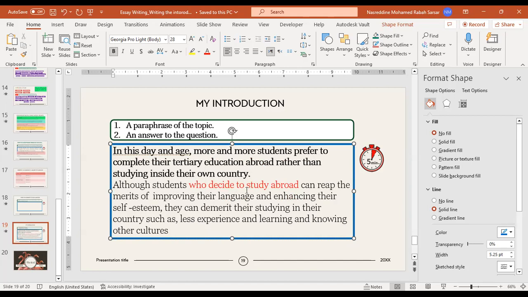Now, all those students who decide to study abroad can reap the merits of improving their language. They may also face demerits of studying abroad.